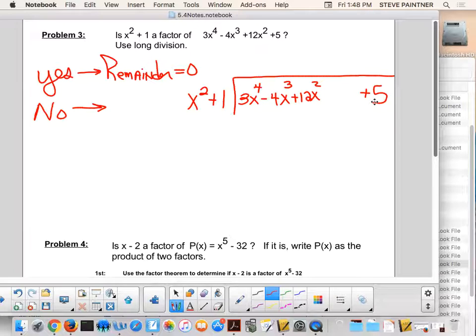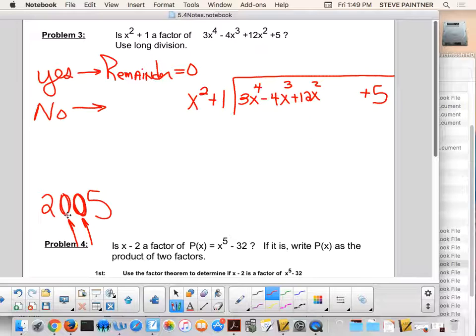When you write numbers, how would you write this number? 2005. Why do I need zeros? Because they're placeholders, they hold the place of something. That's the tens column, that's the hundreds column.